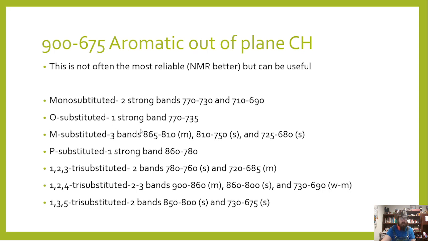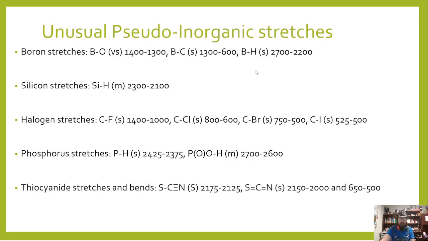Ortho-substituted, which we'll learn about later, was a 1,2 substituted benzene, a 1,3 substituted benzene, a 1,4 substituted benzene, and various tri-substituted benzenes. But all of these are just some things to look for. So, as I said, we don't have to worry about most of these, but if you had boron, it would show up here.